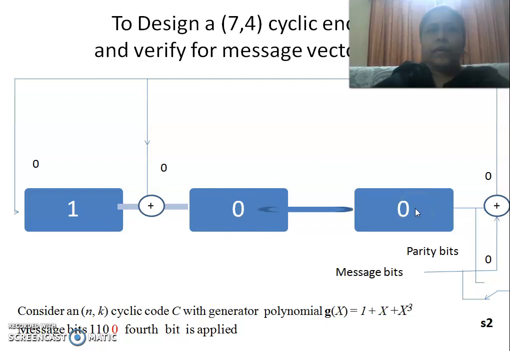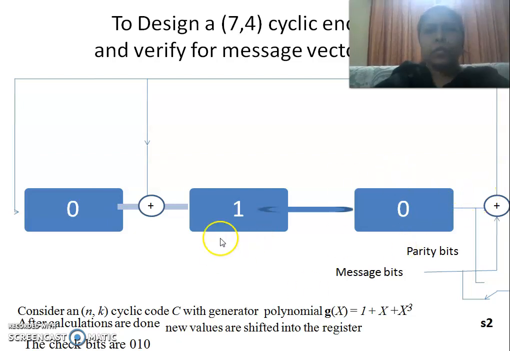Let us see what happens at the application of the clock pulse. The new value 010 gets stored, and we have completed shifting all the 4 bits.